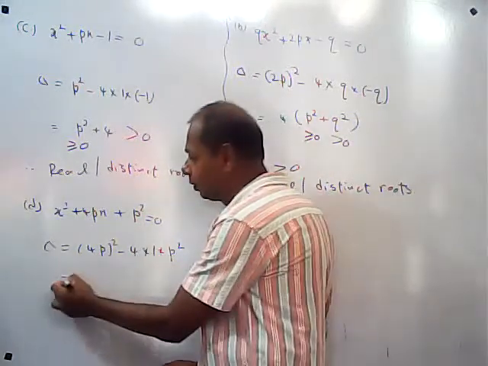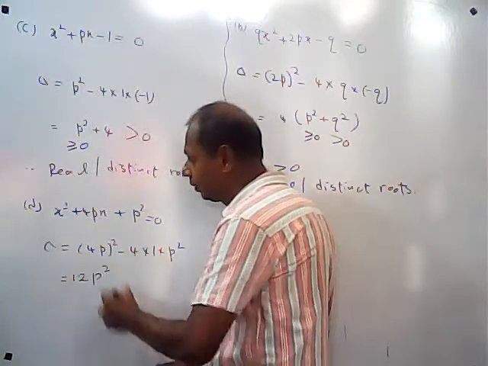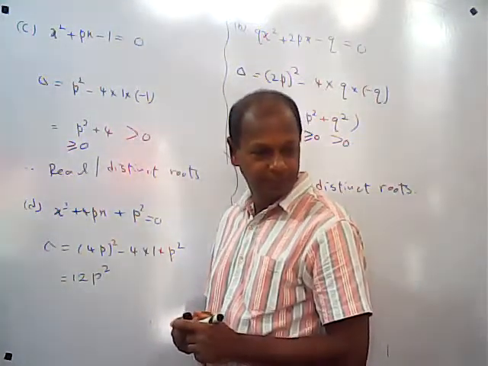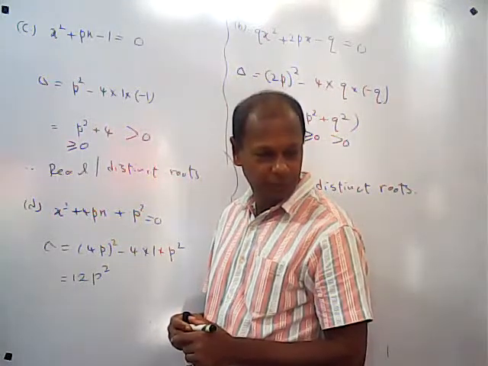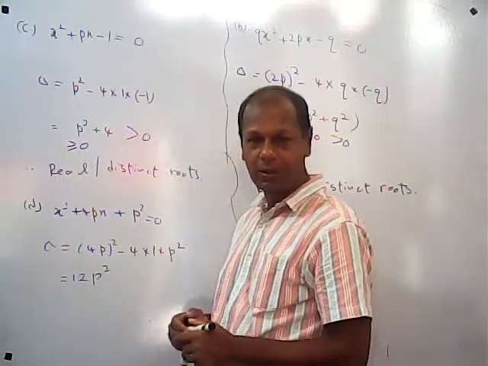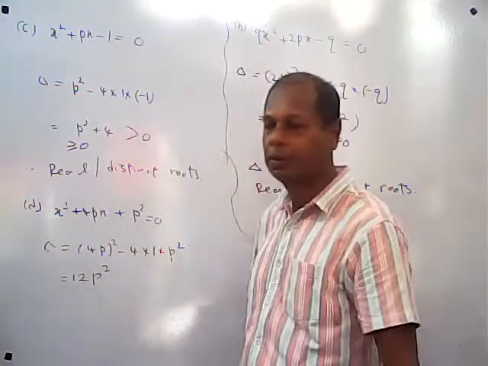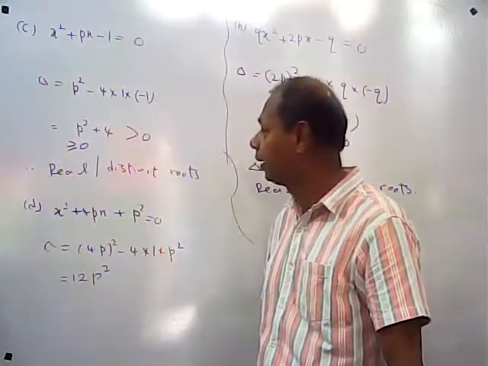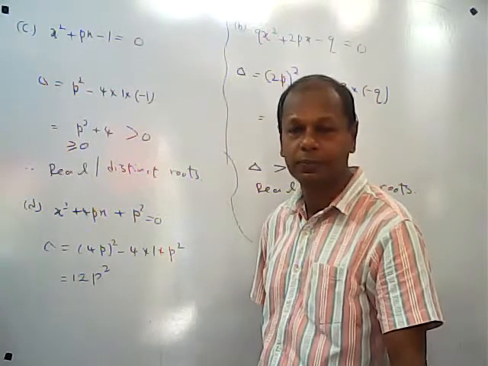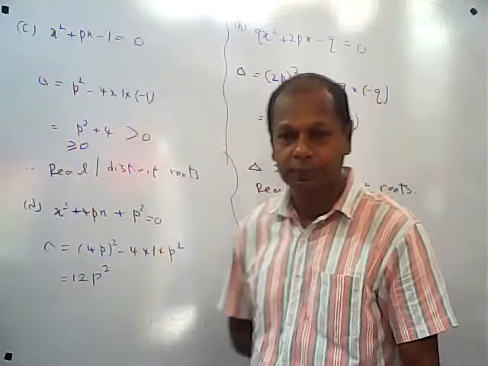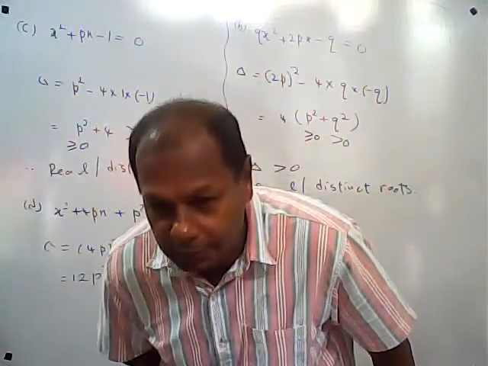So it is 12p squared. Real and distinct roots. Amasha says real and distinct.